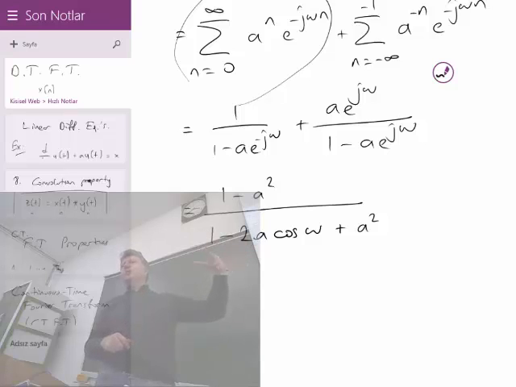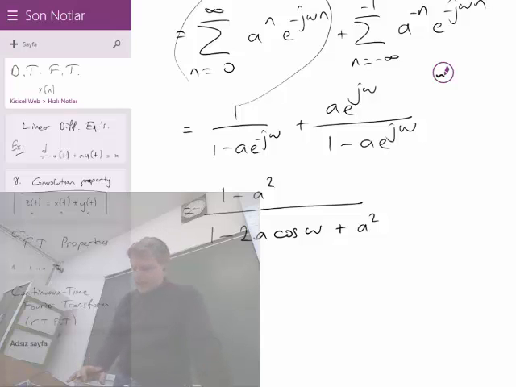You don't need to discover the formula again and again. You will have it during the examination while you're solving questions. And clearly it is 2 pi periodic. Why? Because cosine omega is 2 pi periodic in omega, and it's in the denominator, so it doesn't matter. The whole shape will have a 2 pi oscillation if you try to draw it.